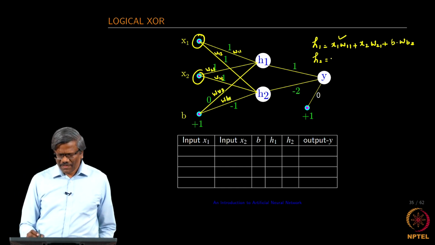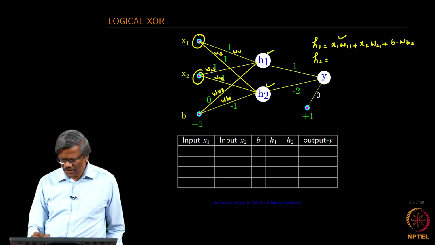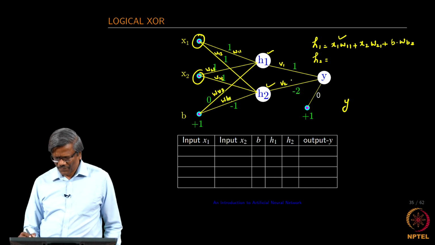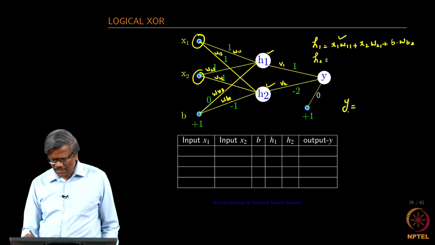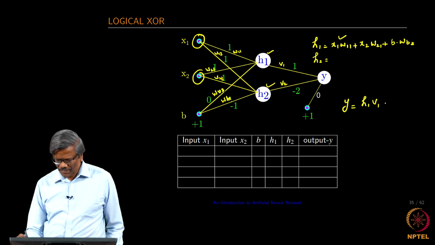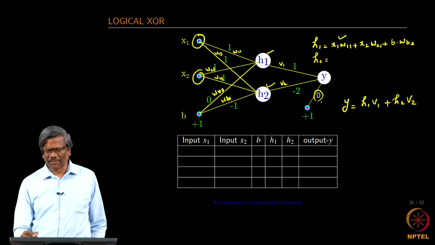In this fashion H1 could be computed and then Y could be computed using, let us call these V1, V2. Y is equal to H1 V1 plus H2 V2, and if you have some contribution from the bias, if it is not equal to 0, we can add that.